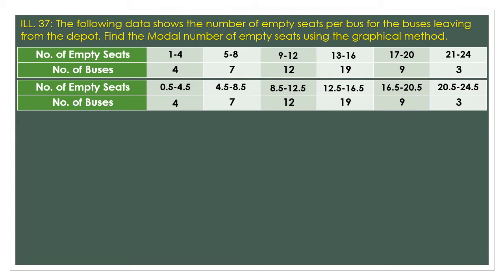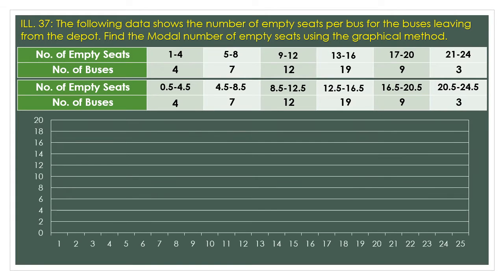I will rewrite the frequencies here. Now I have to create a histogram using this frequency distribution. Right now all the classes are equal. Because the class lengths are equal, I can directly start with a histogram here.